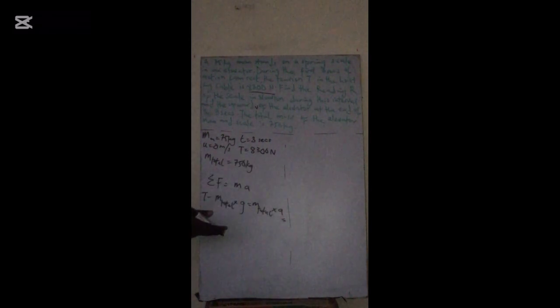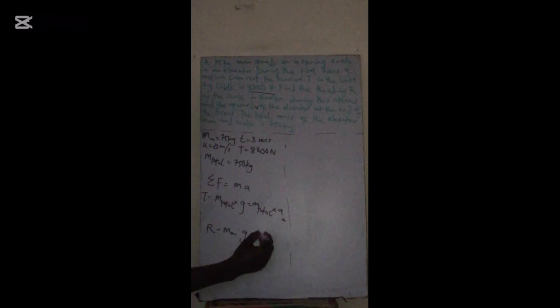When you get the acceleration, you will now come to the second formula that says the scale reading minus the mass times gravity, that's the mass of the man this time, will be equal to the mass of the man multiplied by acceleration. Are you with me? By this time, you just make R the subject of the formula.